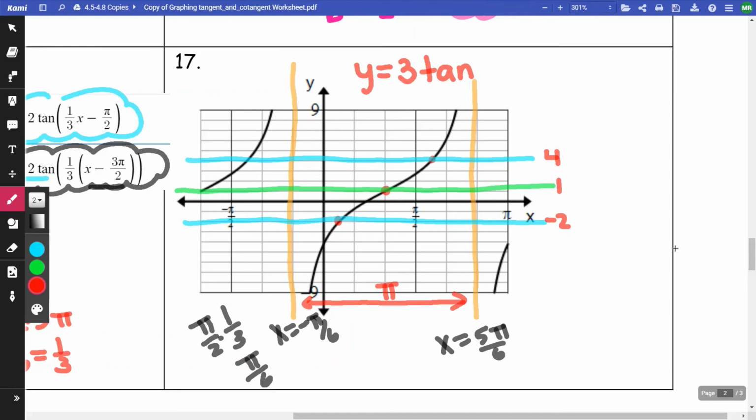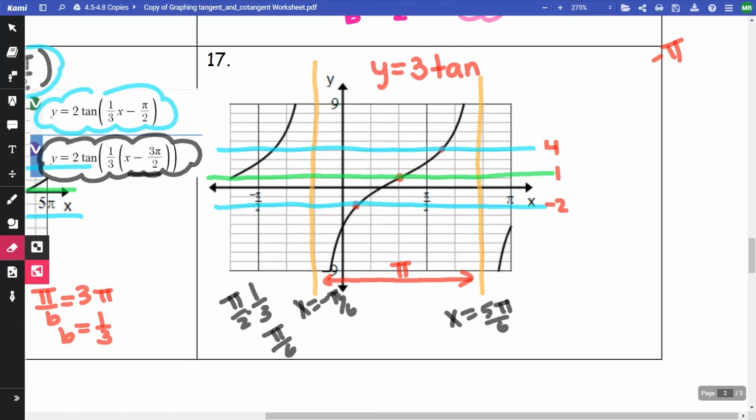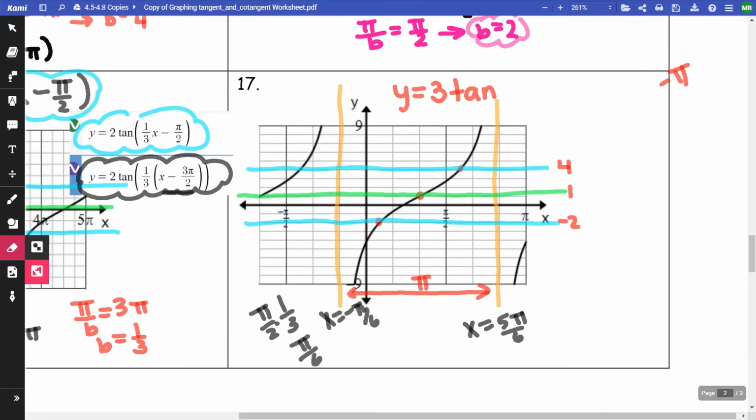I do have a phase shift, however. I should have had my asymptote at a negative pi halves. It was shifted to a negative pi 6.